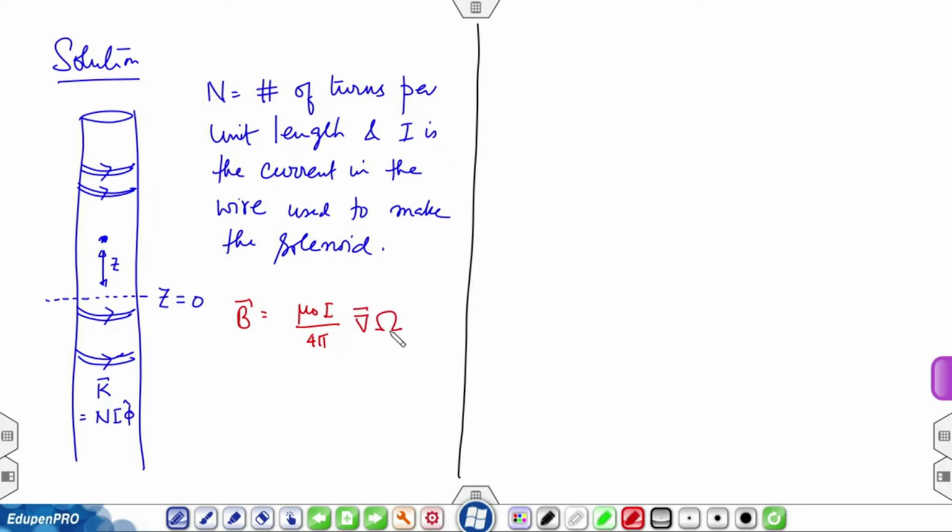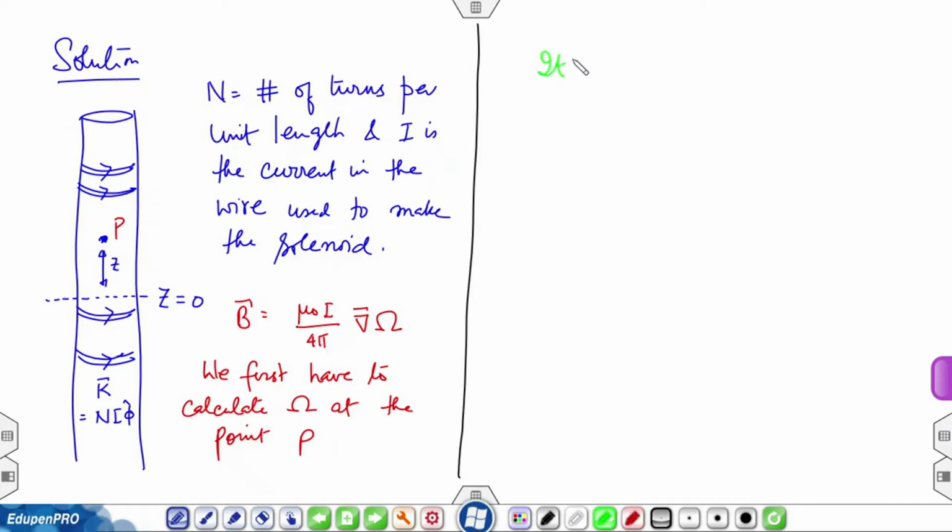So, for that we first have to calculate omega at the point P. Let us call this P. Now, it may be tempting, and I want to tell you this wrong way, it may be tempting to calculate omega due to one turn.